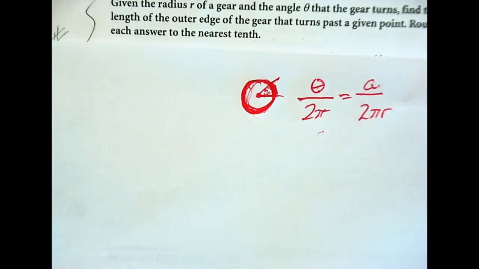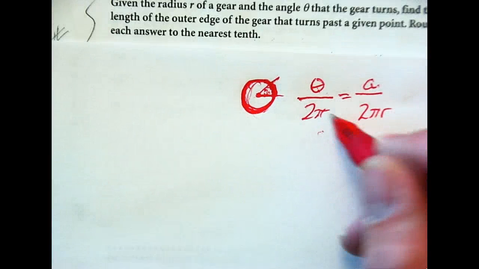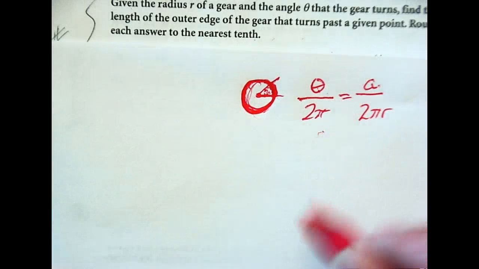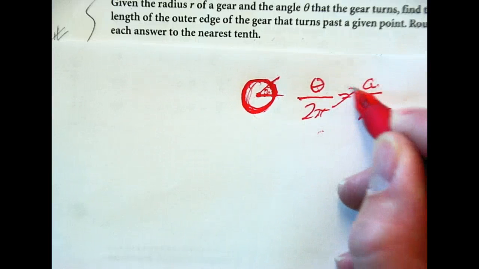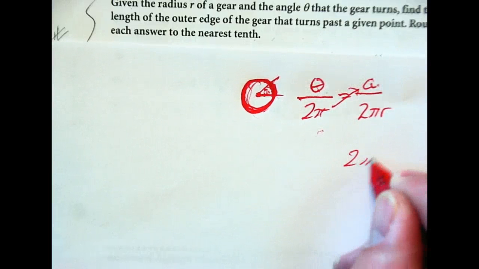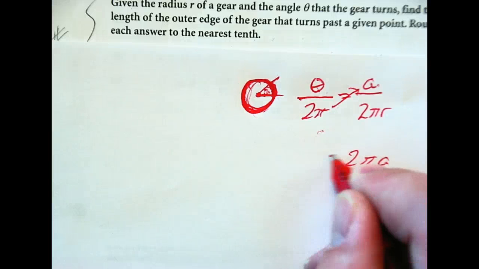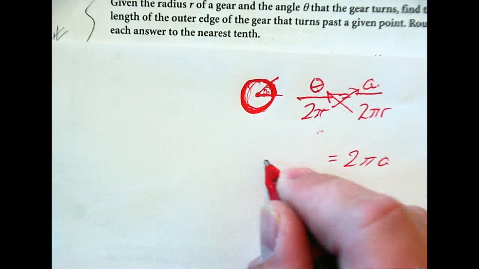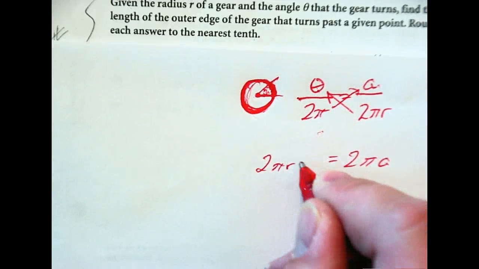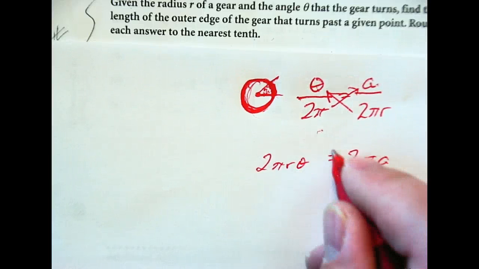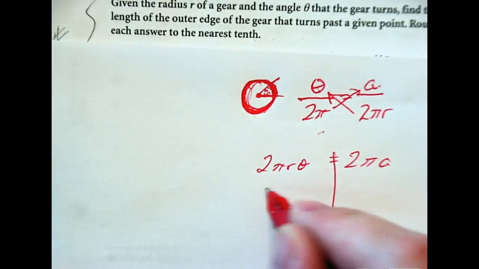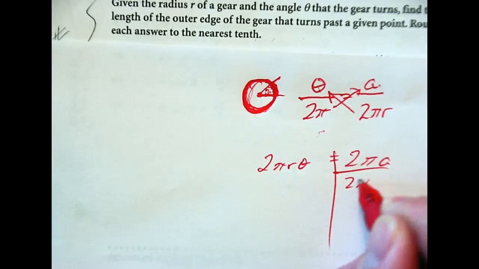Now, we don't have to do this for every problem. We're going to come up with a formula that will help us out here. Okay? Cross multiply. We get 2 pi a, and 2 pi r theta. What do both sides have in common? 2 pi. Divide by 2 pi.